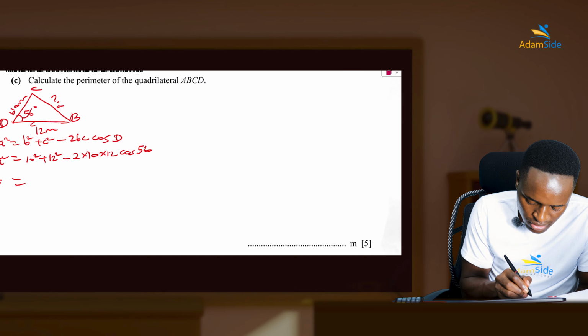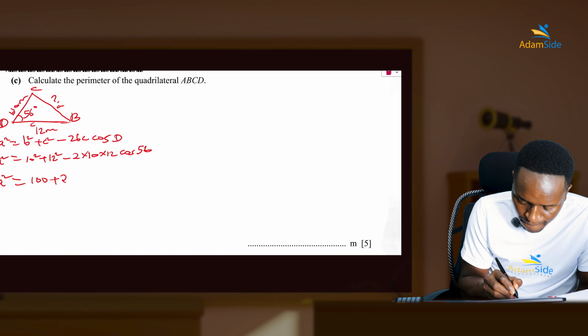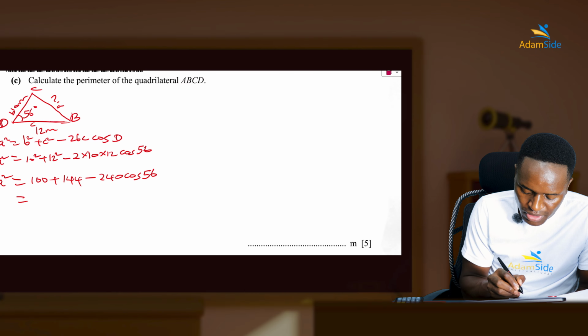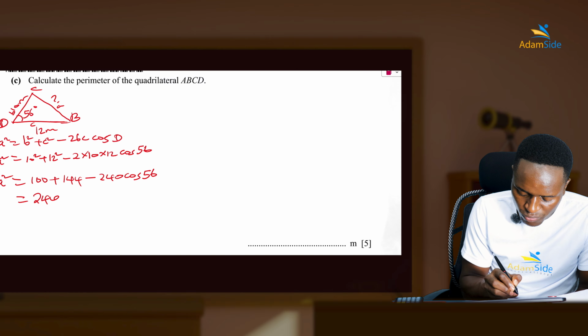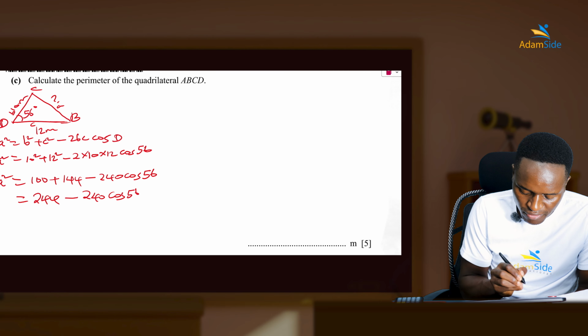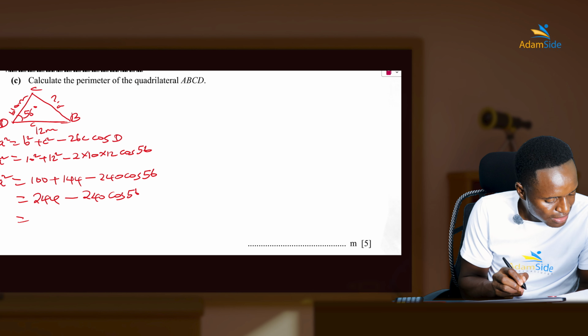So when you do that, a squared is 100 plus 144 minus 240 cos 56, which gives 244 minus 240 cos 56. What do we get in that case?